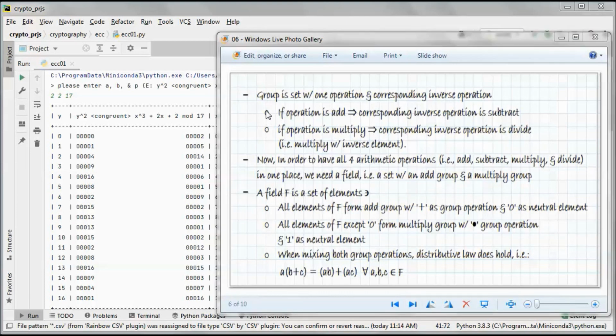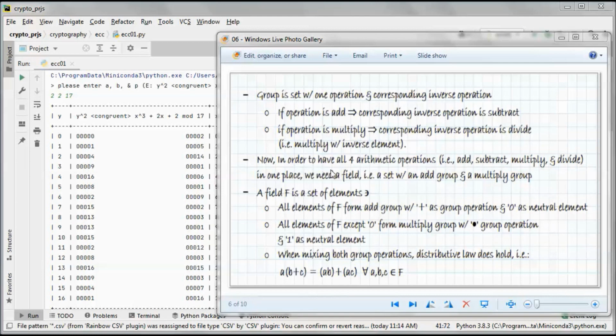Now a group is a set with one operation and a corresponding inverse operation. Now if the operation is addition, then the corresponding inverse operation is subtraction, and if the operation is multiplication, then the corresponding inverse operation is division, meaning multiplication with an inverse element.